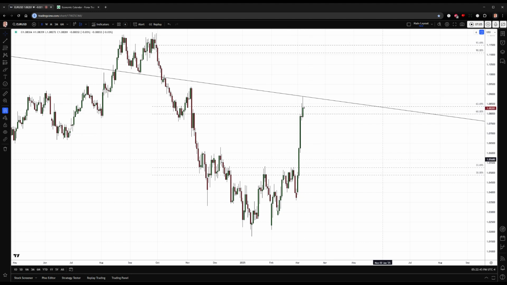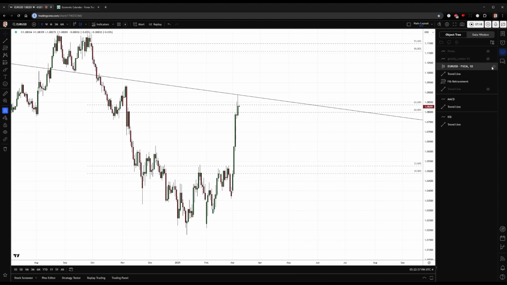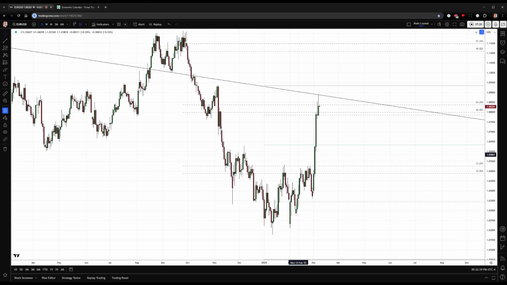Now, where am I looking to take profit if I want to go ahead and look for a target? Well, if we start trading lower from here, I'm going to look at this pivot area right over here. This is where I wanted to get out, or where I did get out before, 1.0622.